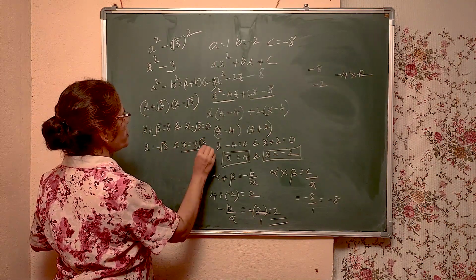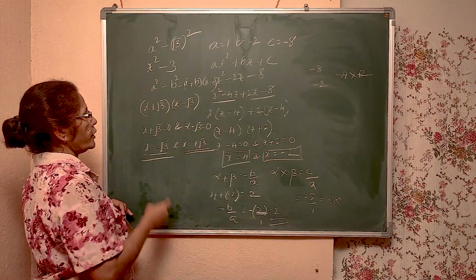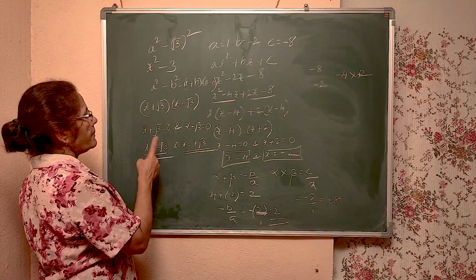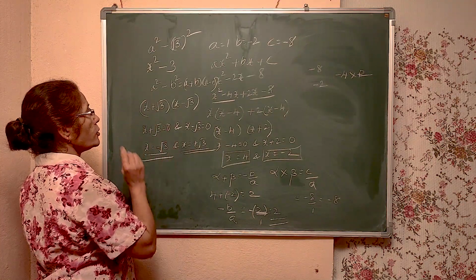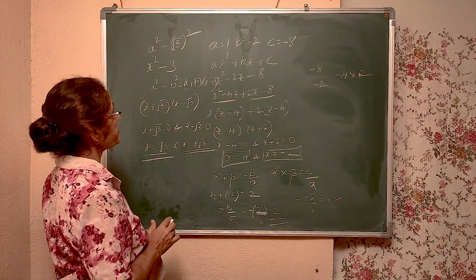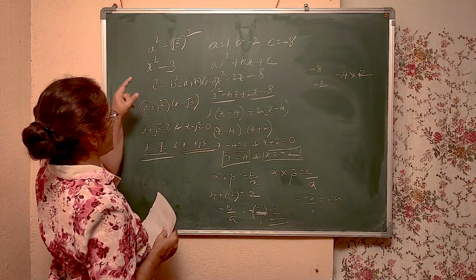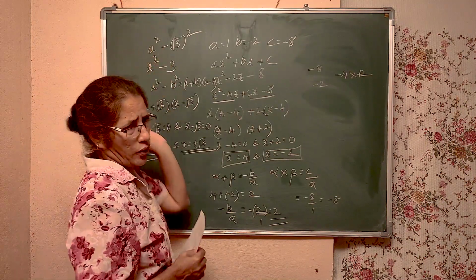These are the two roots of this quadratic polynomial. Insert the value as minus square root of 3, the whole square, you will get 0. Plus square root of 3, the whole square, you will get 0. So if x is equal to square root of 3, the whole square is 3. 3 minus 3 is 0.